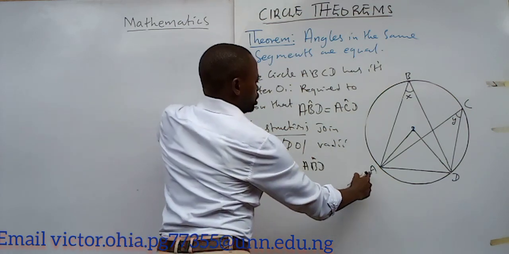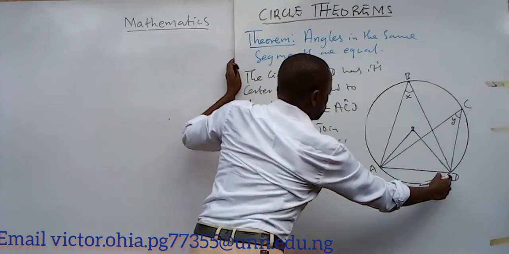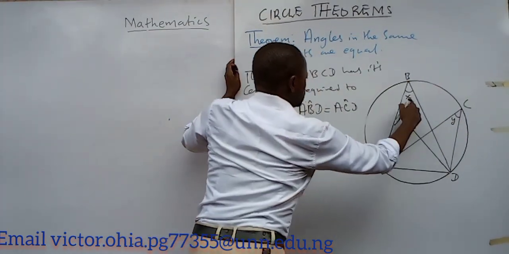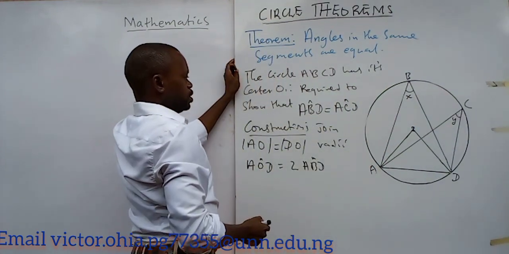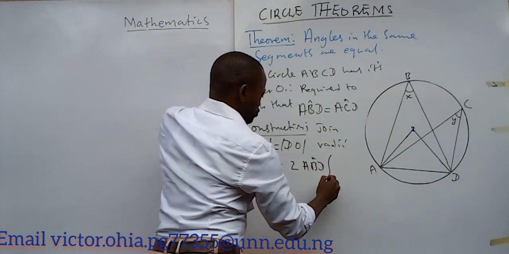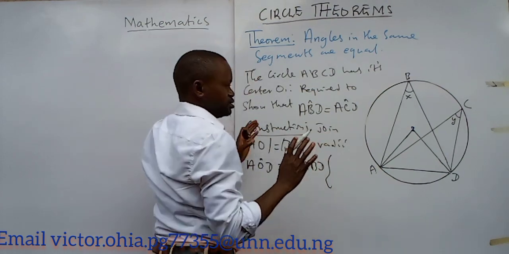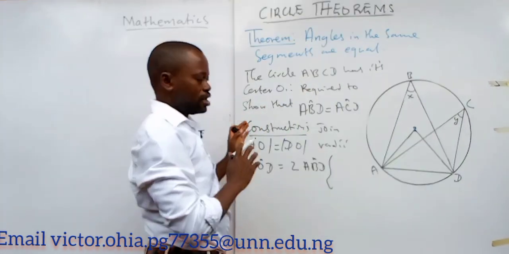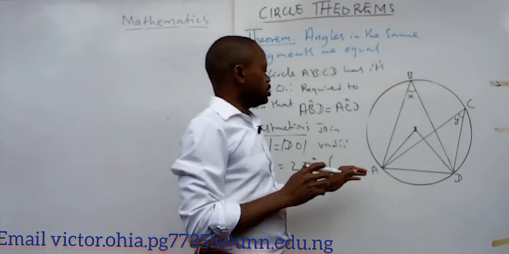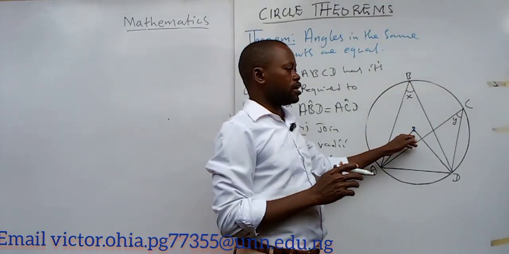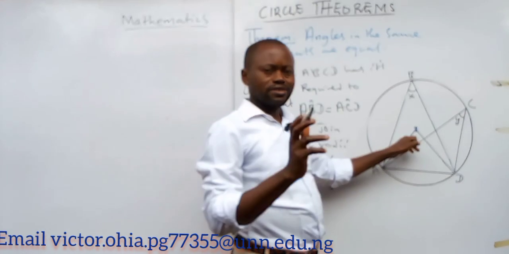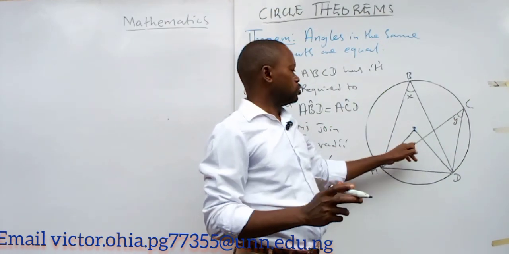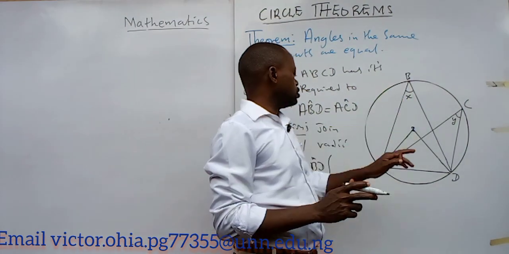Do we get that? How? It is just what we proved in the last class: the angle which a chord subtends at the center of the circle is twice the angle which it subtends at any other point on the circumference. So this angle here is 2 times this.